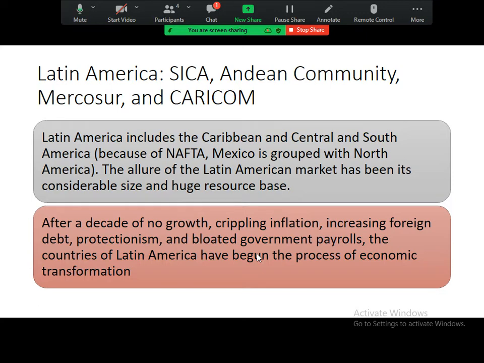Free markets, open economies, and deregulation have begun to replace the policies of the past. In many countries, tariffs that sometimes reached as much as 100% or more have been lowered to only 10 to 20%. With the exception of Cuba, most of the elected governments in Latin America are democratic.